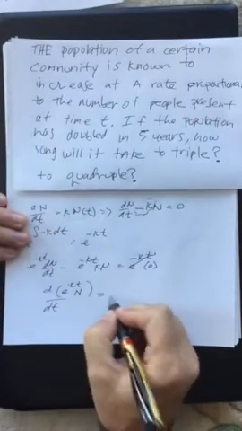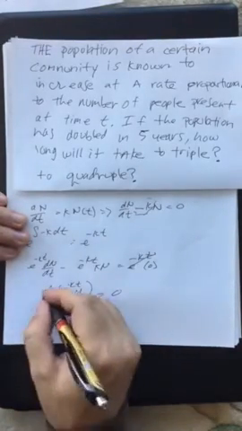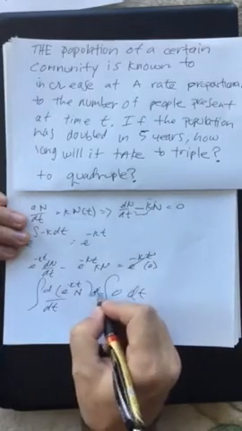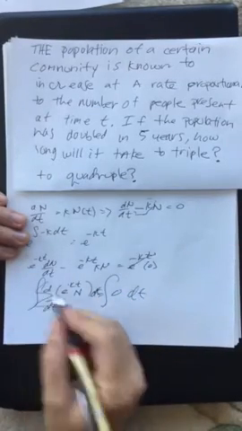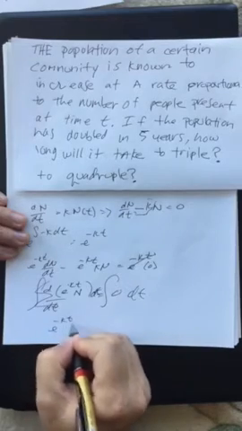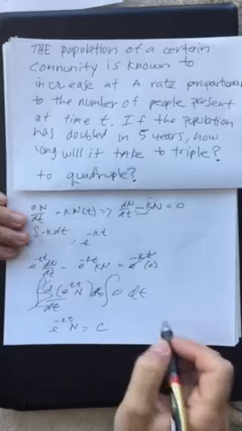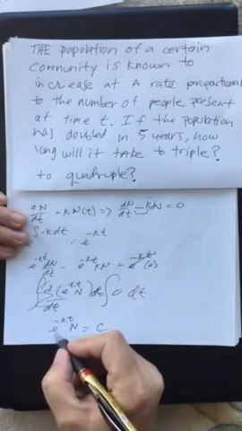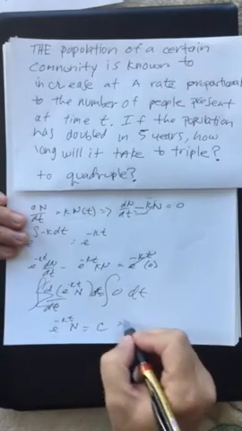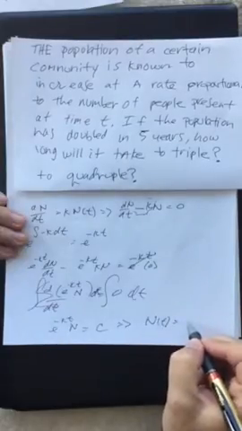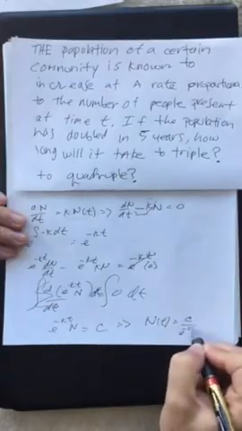So this equals 0. Now what? You can go like this: d/dt and the integral, these are inverse functions, they go out. e to the negative kt N equals, this is just c. Then you divide out e to the negative kt on both sides, and you have N as a function of time equals c divided by e to the negative kt.